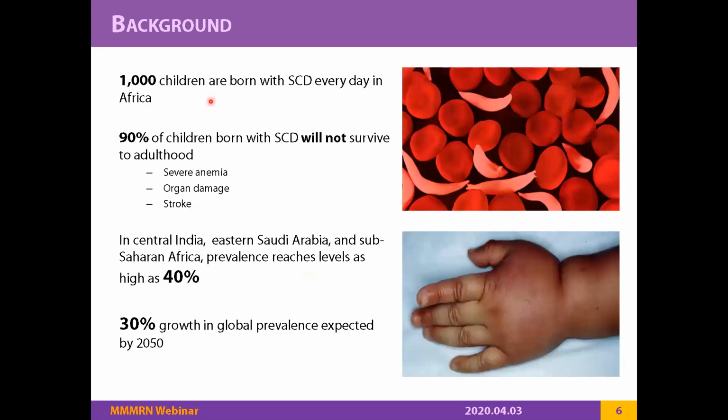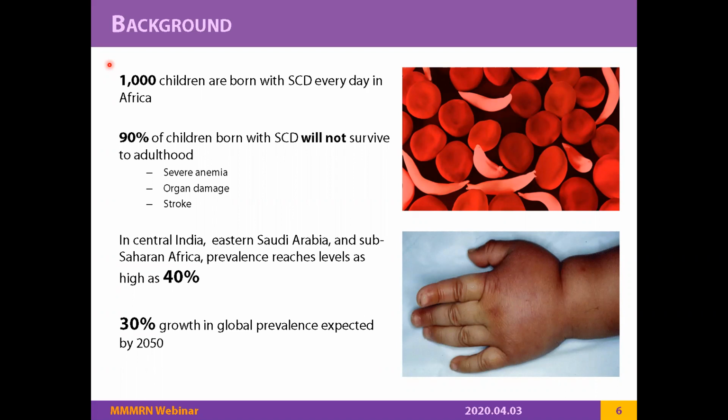So just look at the statistics. There are hundreds of thousands of children born in Africa with sickle cell disease, not including the trait. And almost 90% of them will not survive to adulthood. Sometimes they die before even 5 years old.